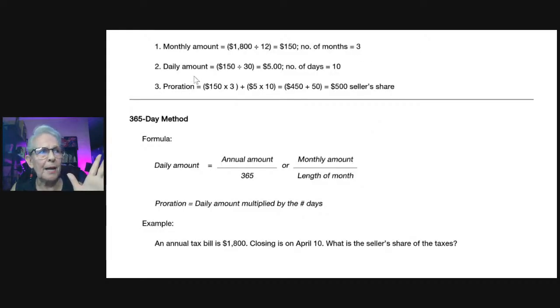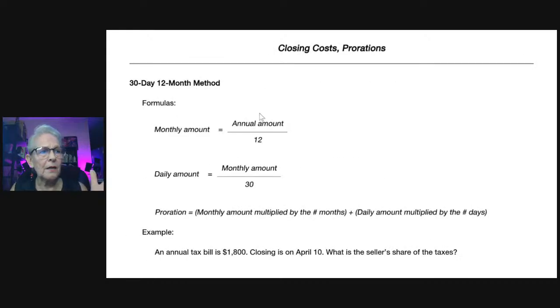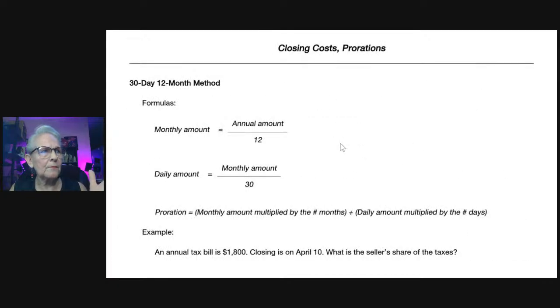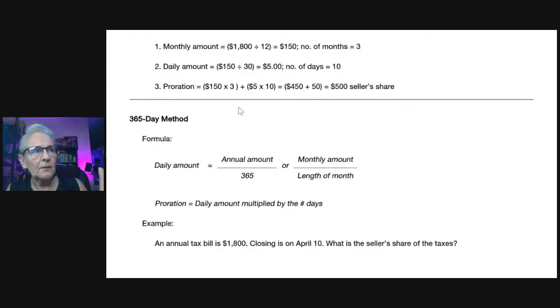Now they're calculating the daily amount, 150 divided by 30 days, because it's on a rate of 30 days per month. So 150 divided by 30 equals $5 per day. And then there are 10 days in April, so 10 days times 5 is 50.